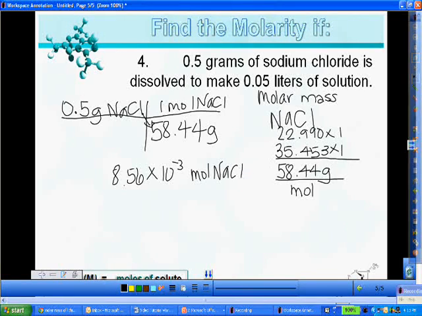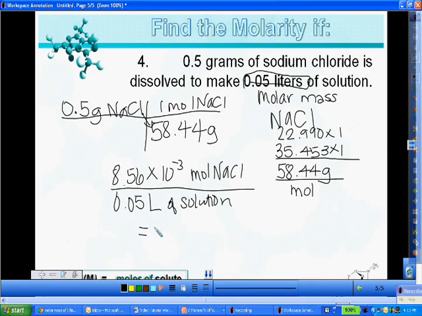Now that we have our moles of solute, we need to just divide by our liters, which are given to us in the problem, 0.05 liters of solution. And then we have our molarity. So the molarity in this case will be 0.17 molar. So it's a 0.17 molar solution of sodium chloride.